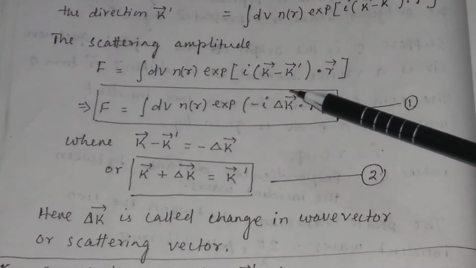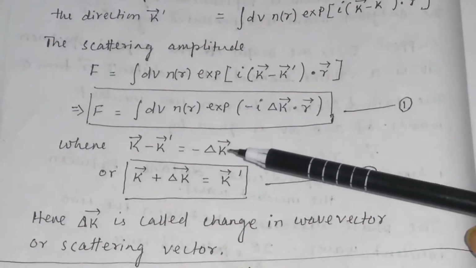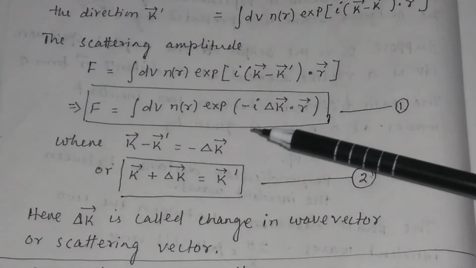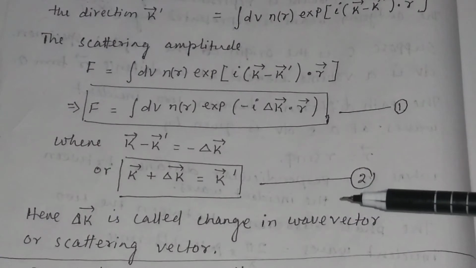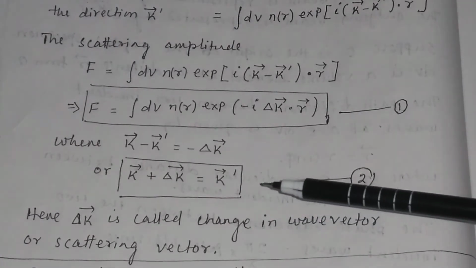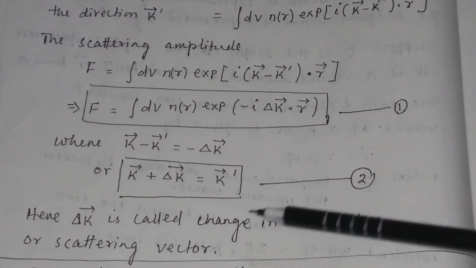That is why you have substituted here minus delta k. Here delta k is called the change in wave vector, or you may say scattering vector.